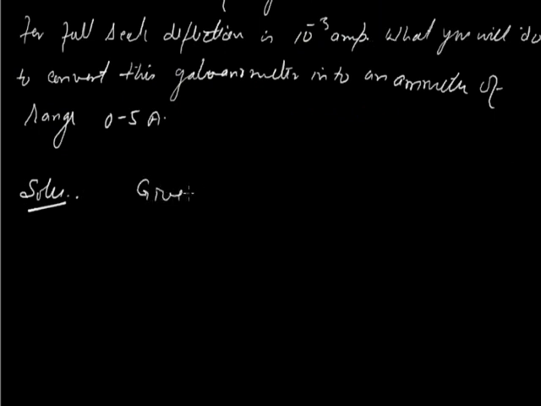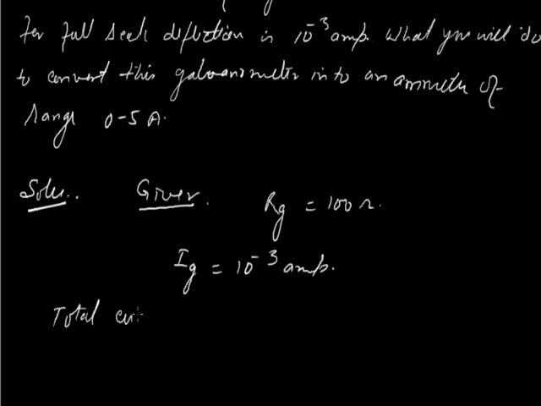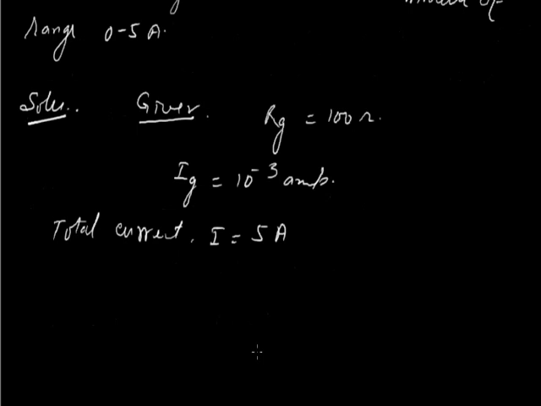Given resistance of galvanometer coil Rg is 100 ohm. Current for full scale deflection, that's Ig, is 10 raised to the power minus 3 ampere, and total main current I is 5 ampere, because you have to convert this galvanometer to an ammeter of range 0 to 5 ampere. So maximum current is 5 ampere.